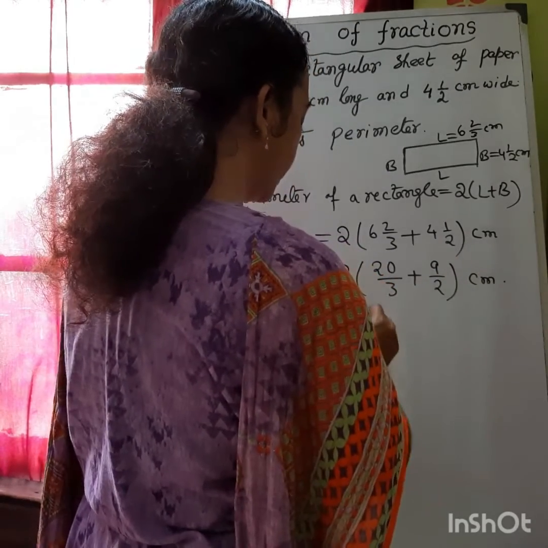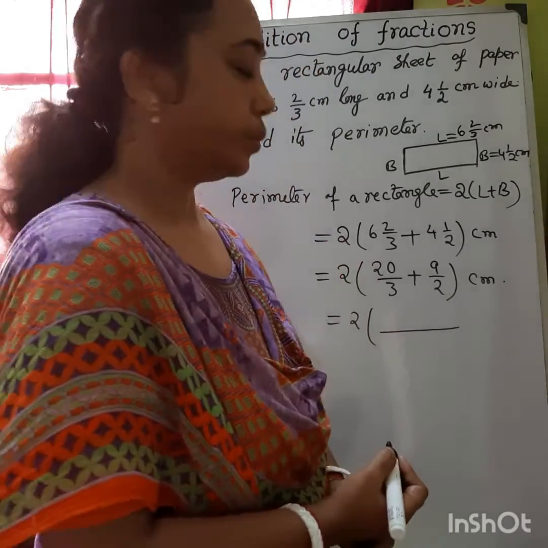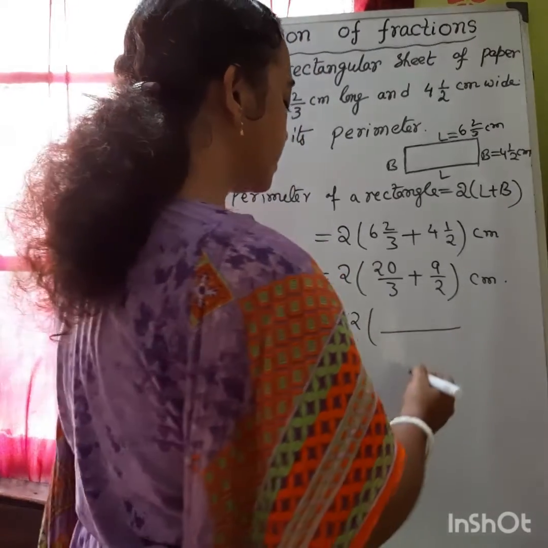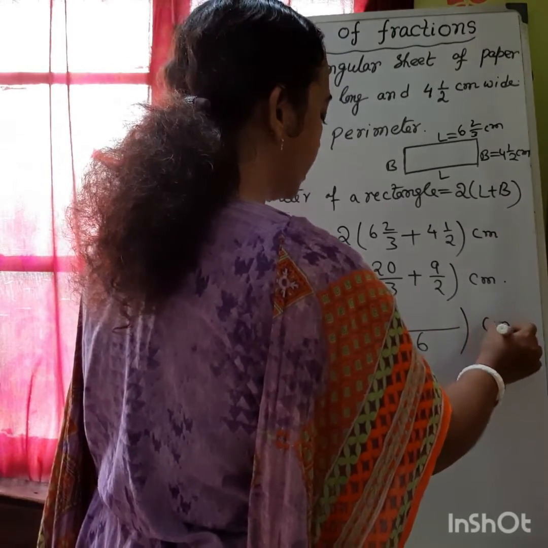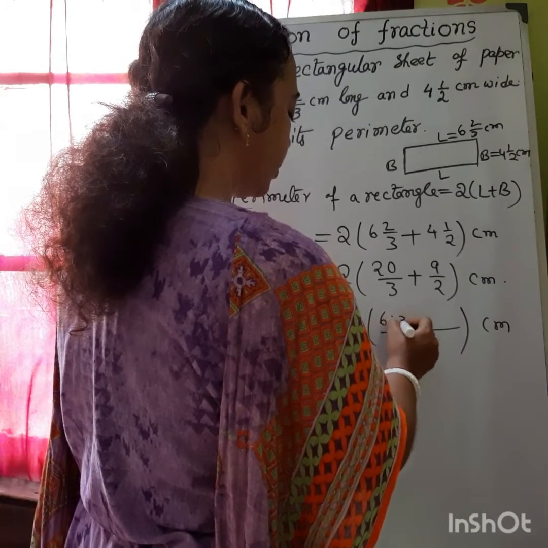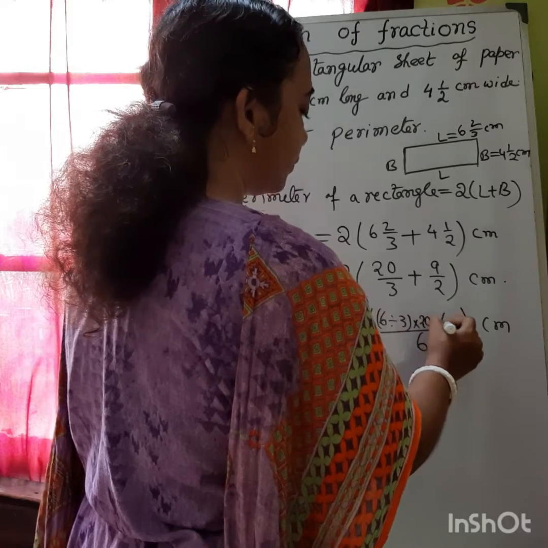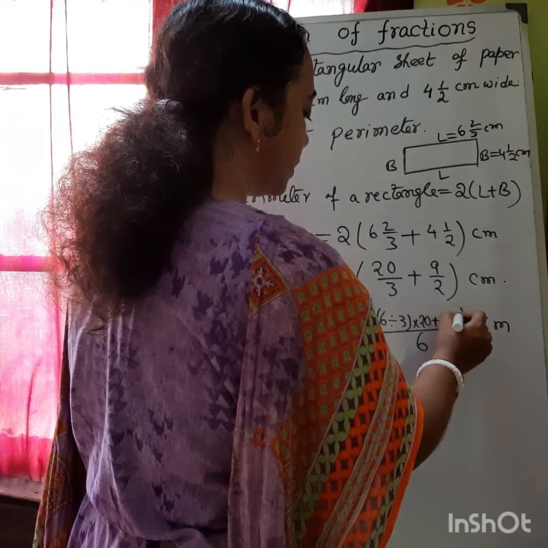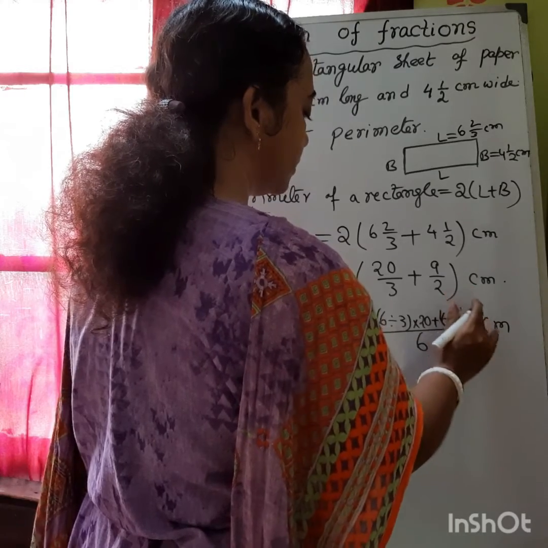So as their denominators are 3 and 2, both are prime numbers, so their LCM is 3 multiplied by 2, that is 6. Now we divide the LCM by the first denominator, that is 3, then we multiply with 20 the first numerator, again we divide 6 by 2, then we multiply by 9.